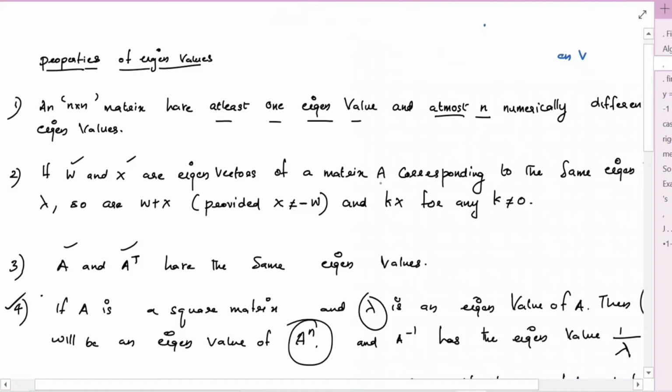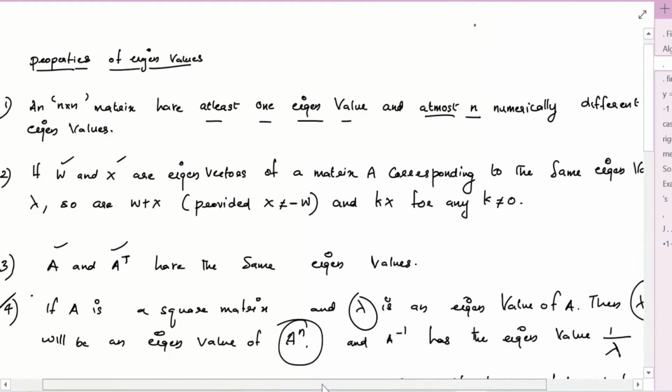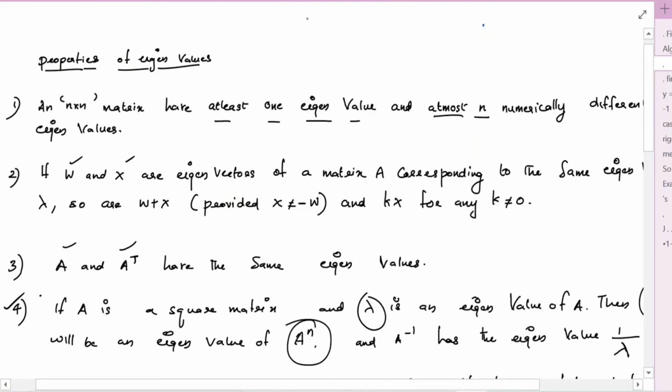And the second one is also very simple. Lambda is an eigenvalue, and corresponding to the eigenvalue lambda, w is an eigenvector, and also x is an eigenvector. Corresponding to this eigenvalue, we got w and x as the eigenvectors.